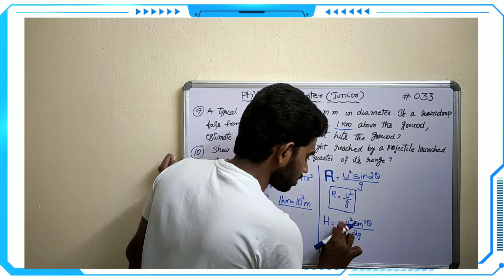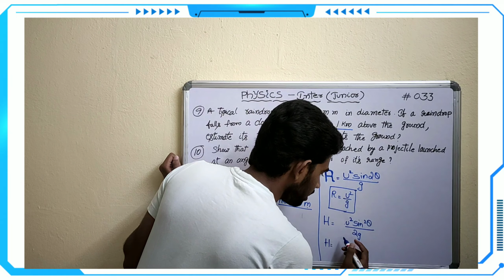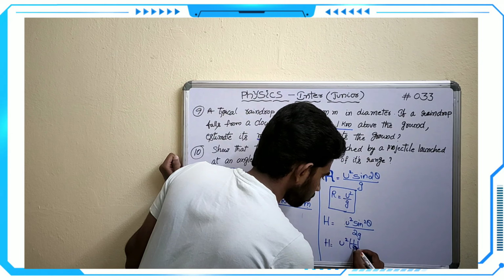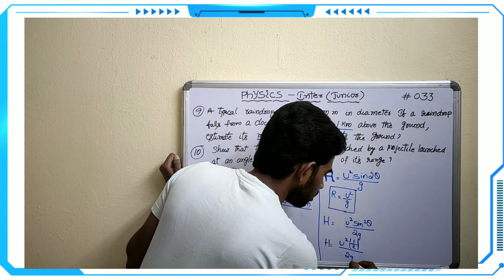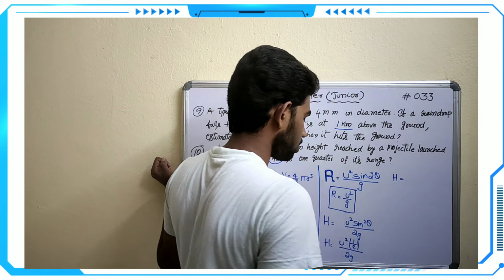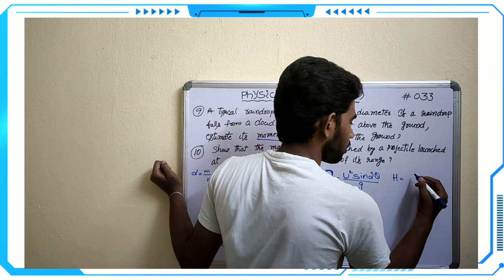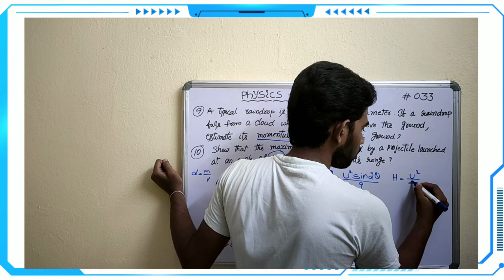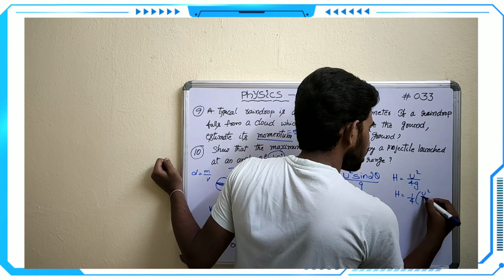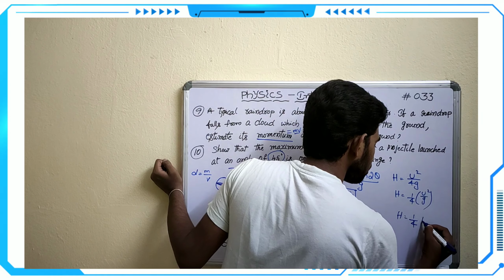So H equals U square into 1 by 2, divided by 2G, which gives 1 by 4 U square by G. U square by G is also known as R. So H equal to 1 by 4 R.